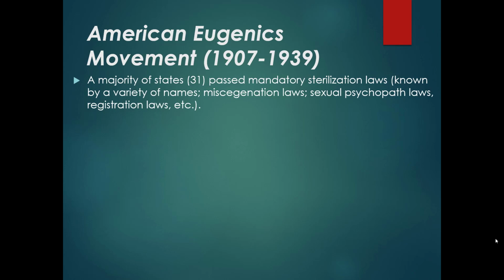In fact, the Irish suffered the most during this eugenics movement. States kept very poor records, but it's estimated that approximately 750,000 Irish people were sterilized during this time, with the idea that the Irish carried bad genes, they were criminals, they drank, and therefore they needed to be sterilized.